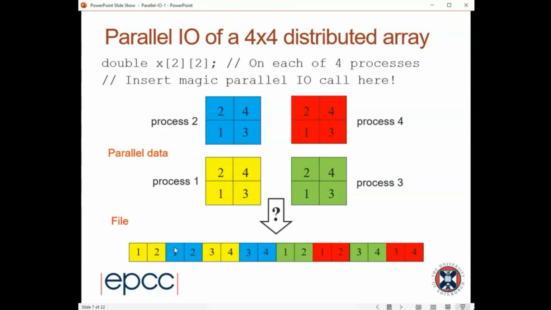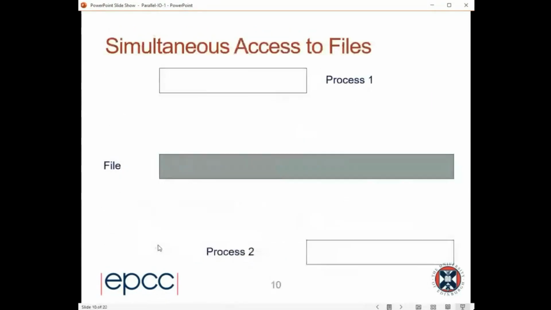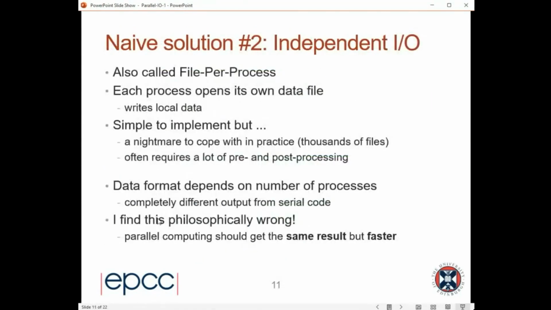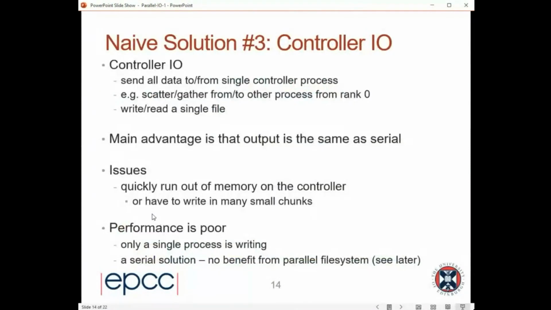Well, the problem there is, although we're doing large I/O transactions, the layout of the final file depends on what your decomposition was. It depends on how you parallelized your program, which is not really an acceptable situation.